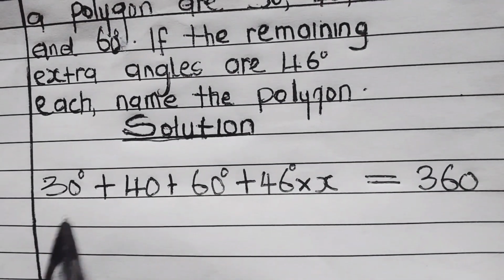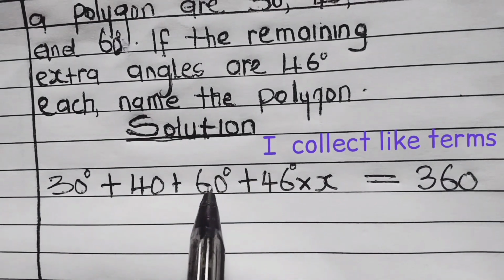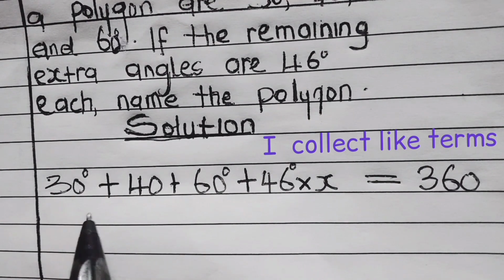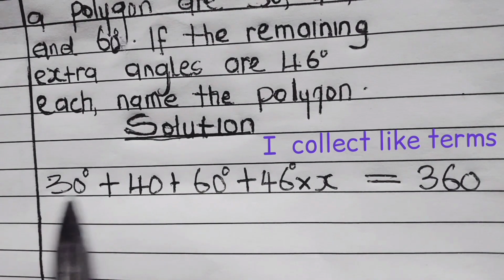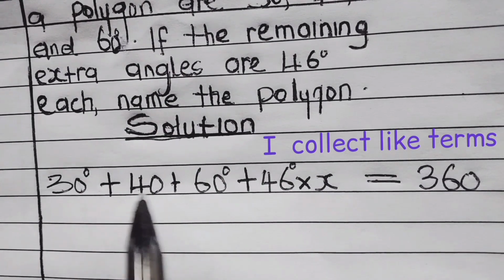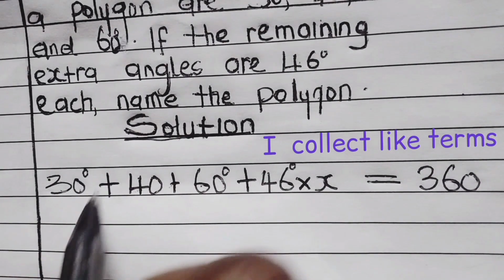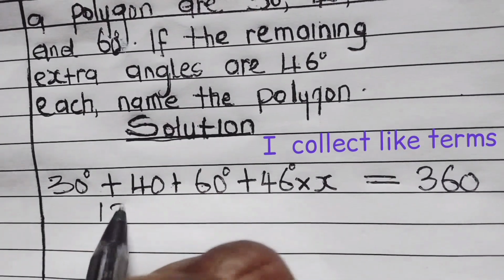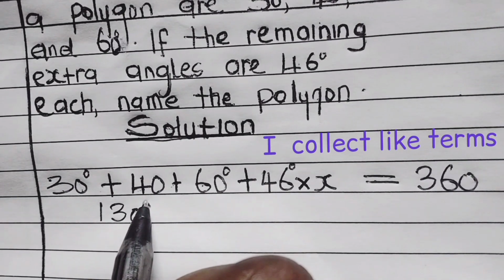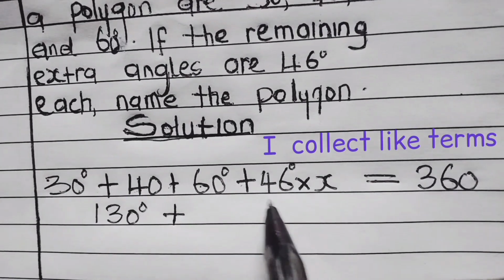I evaluate. I add up these numbers. In other words, I collect like terms. 30 plus 40 will give me 70. 70 plus 60 will give me 130. I write down 130 degrees, plus this 46.